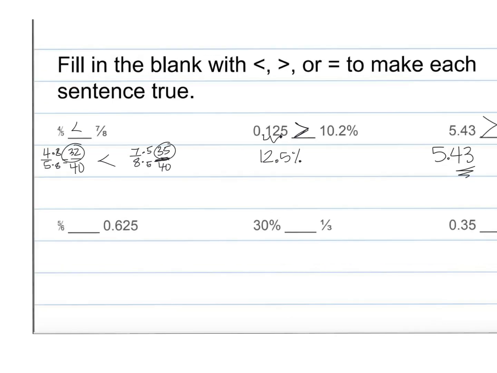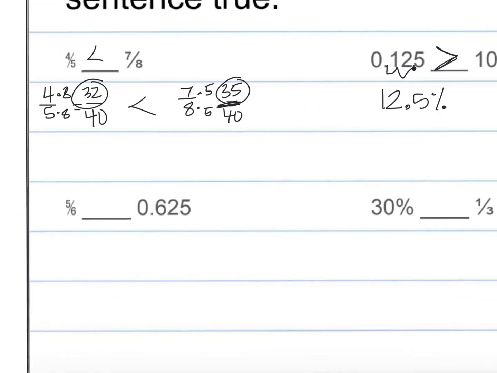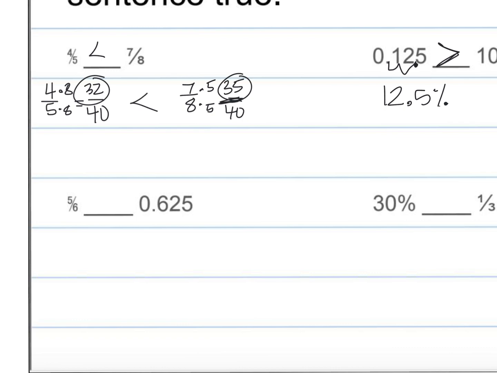So 5/6, I'm going to take 5/6 and change that to a decimal. And 6 cannot be changed to tenths, hundredths, or thousandths. So I'm going to put into my calculator 5 divided by 6. And I get 0.83 repeating.